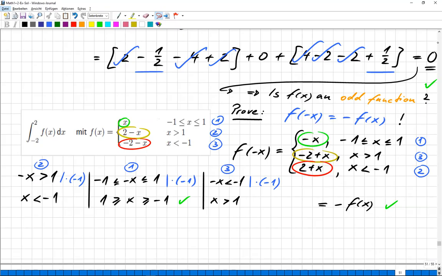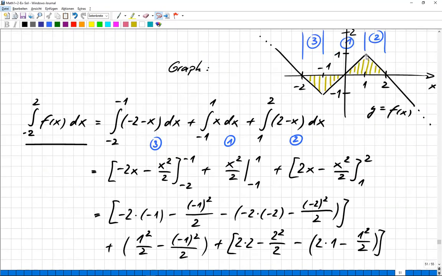As I demonstrated before, if I'm using that f of 1 equals 1, and I jump to this x position, then f of negative 1 should be negative 1. So this is a point reflection symmetry, and in the end it means it's an odd function.